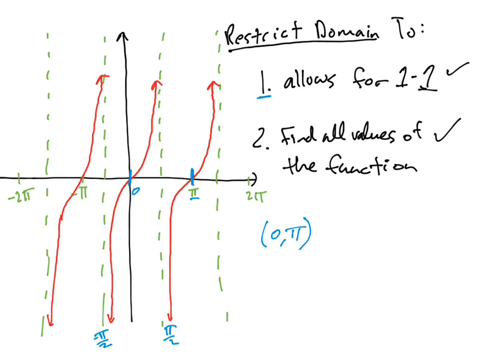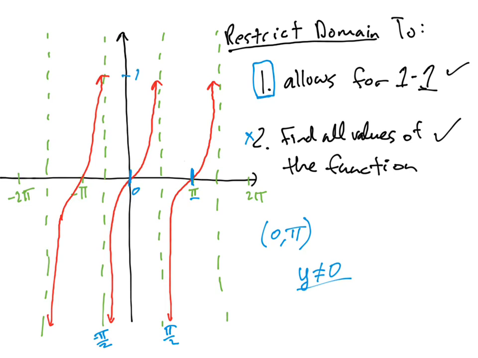However, the problem is this asymptote that's going down, this vertical asymptote at pi over 2. Now, this asymptote is saying we will never get a y value that is equal to 0. So while the first property is satisfied, this second property is not satisfied because we do not get all the values.